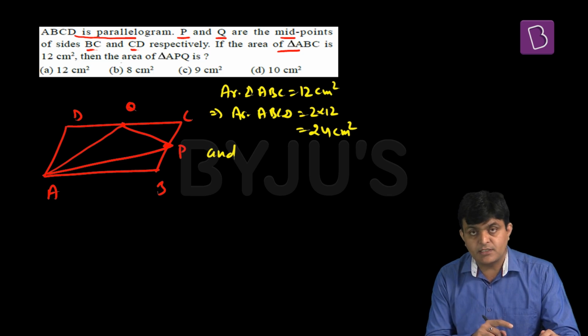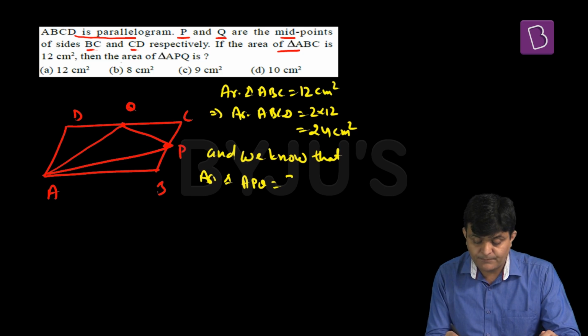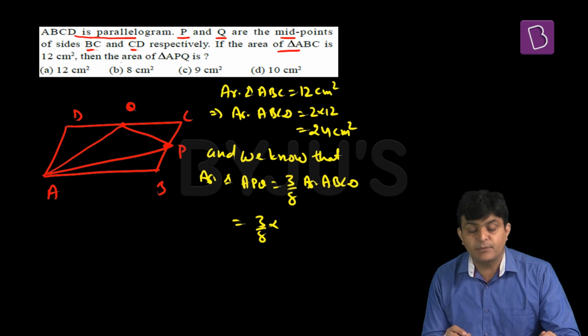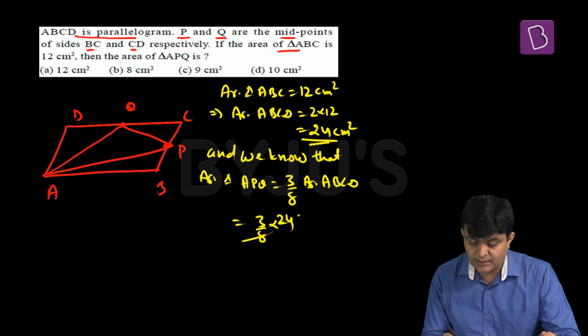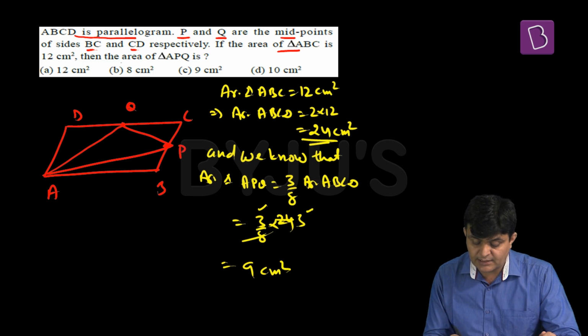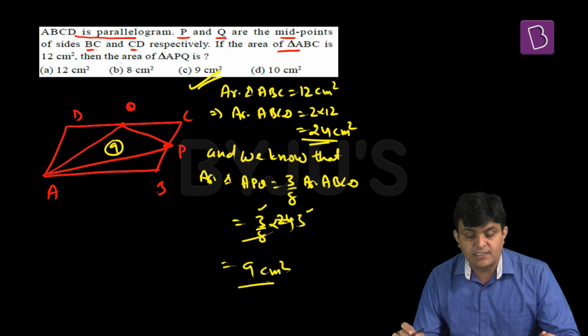And by the previous result we know that area of triangle APQ is 3 by 8 of area of ABCD, that is 3 by 8 into 24. So 24 divided by 8 is 3, 3 into 3, that means 9 centimeter square is the area. That means C part is our answer.